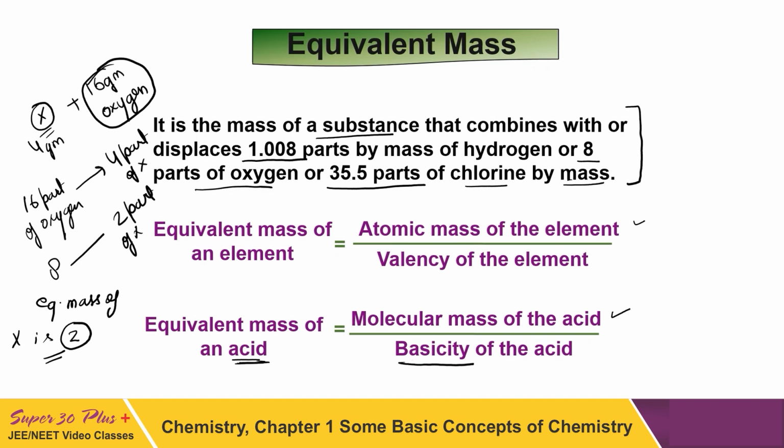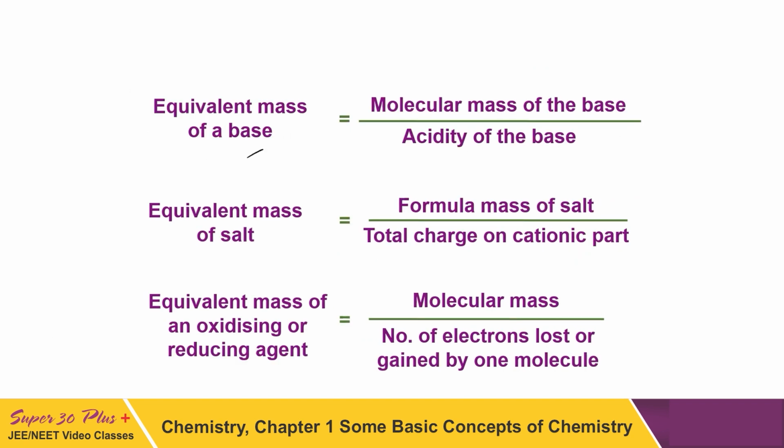If in case you don't know, let me tell you, it is very simple. The number of H plus ions given by an acid is the basicity of the acid. For example, if an acid gives 1 H plus, its basicity is 1. If it gives 2 H plus ions, its basicity is 2. For a base, what is the valency factor? Acidity. So for a base, equivalent mass is equal to molar mass upon acidity. Acidity is what?